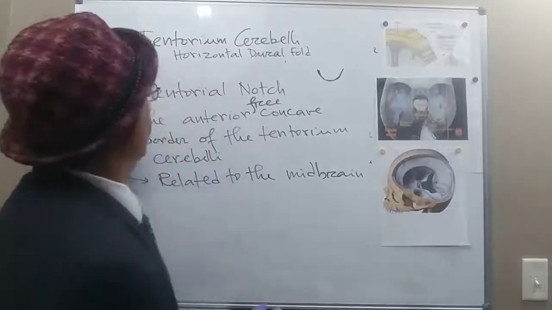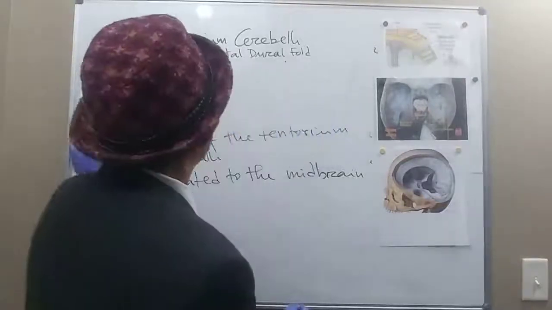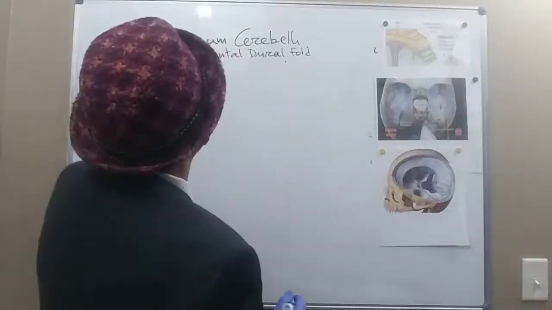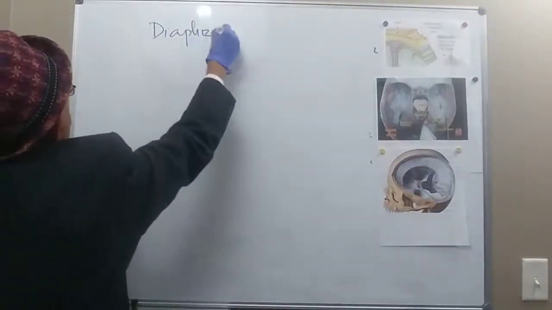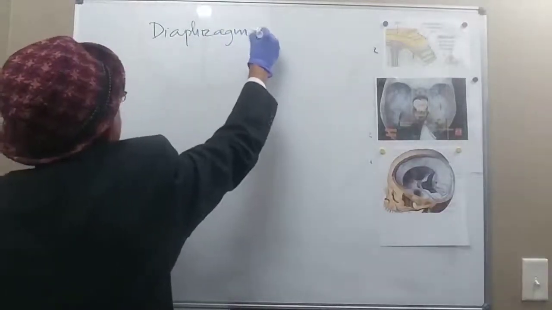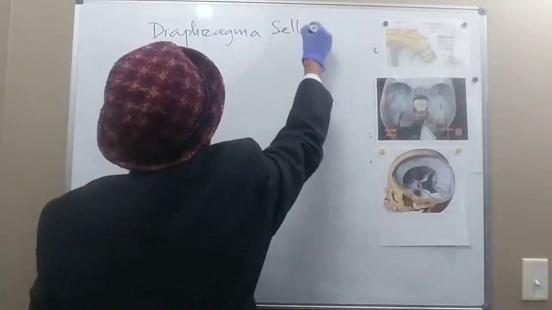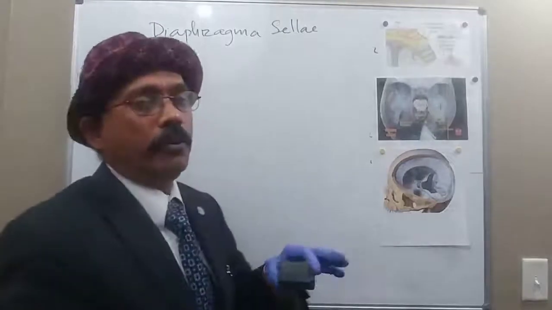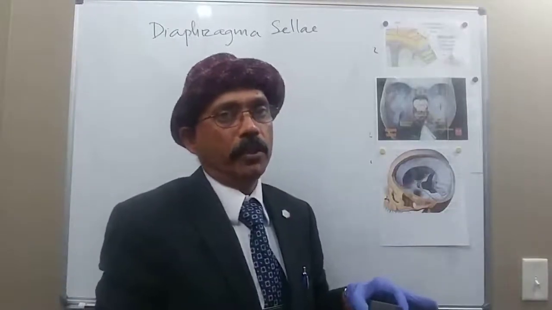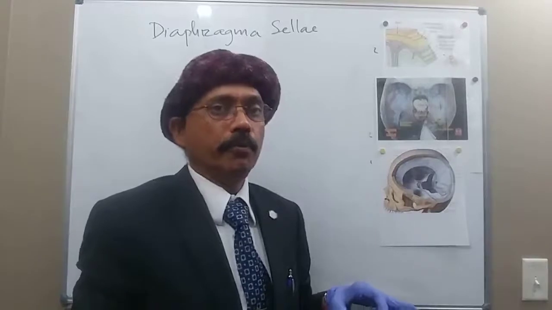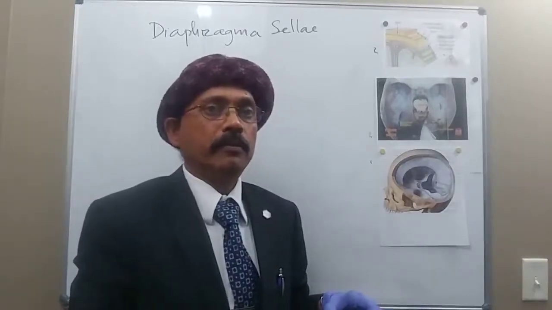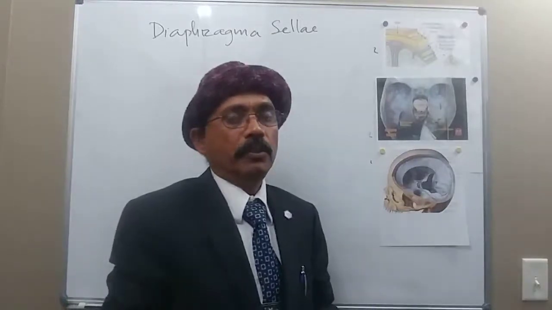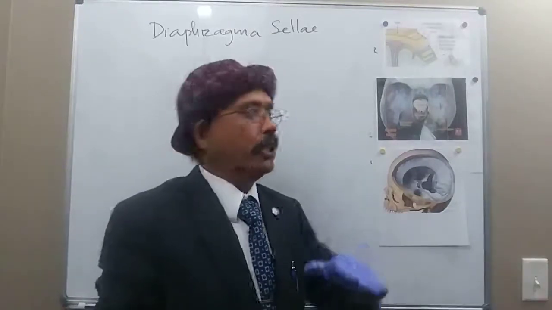Then we'll go to the diaphragma sellae. What is diaphragma sellae? This is a horizontal fold of dura mater connected to the clinoid processes of the sphenoid bone. It covers the sella turcica. It covers the pituitary gland.